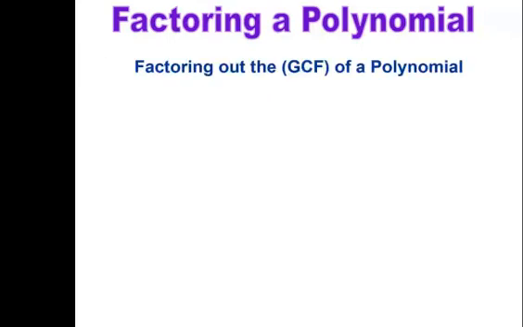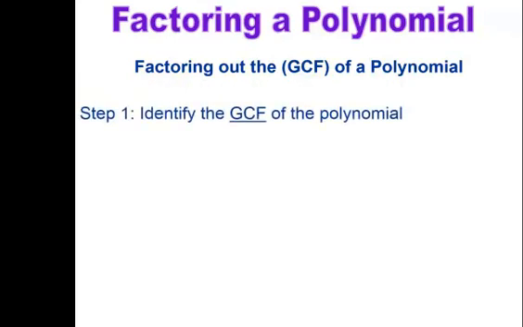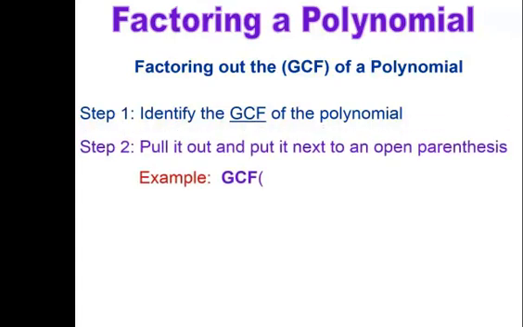When we're talking about factoring out the greatest common factor of a polynomial, here's the step process that you want to take. Well, the first thing you're going to need to do is identify what the GCF is of the polynomial, which we just practiced in the previous examples. Then the next thing you're going to do is pull it out. And when you pull it out, you want to put it next to an open parentheses.